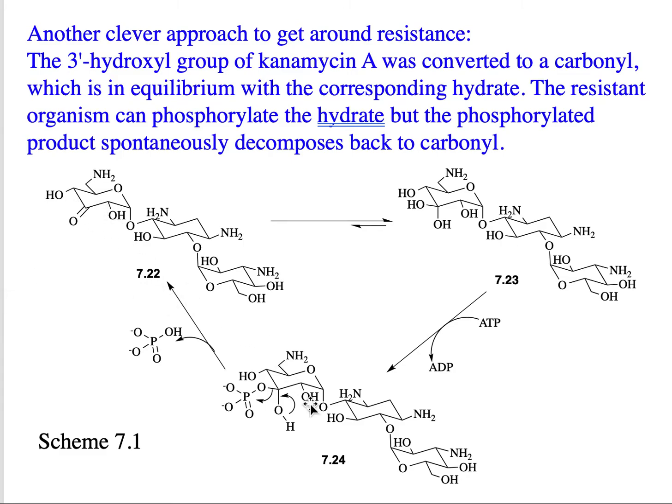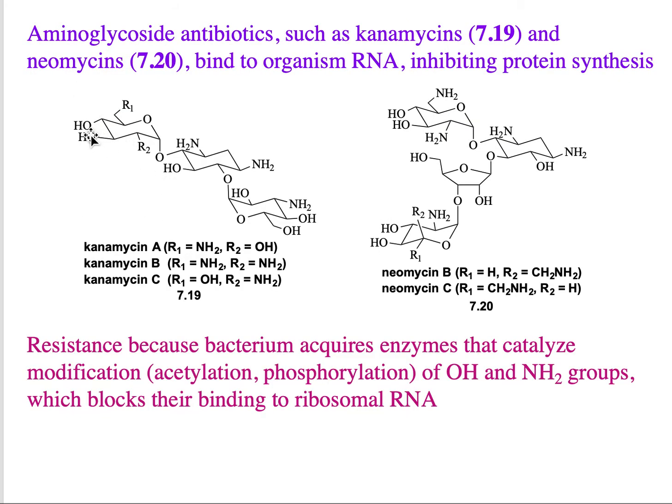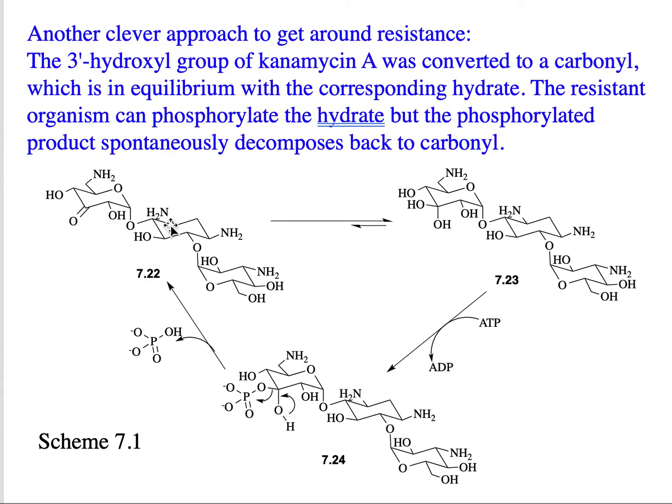So you see here, they're able to convert it to a carbonyl, basically. Does that make sense? So here it's a carbonyl in equilibrium with the hydrate, and here it's an OH group. So they converted it. So this is in equilibrium.